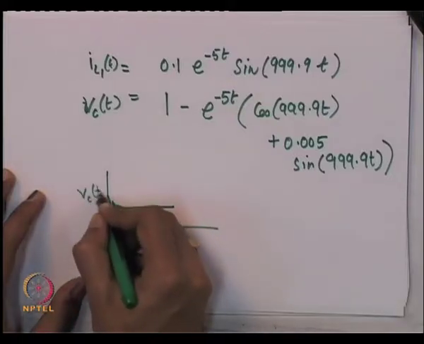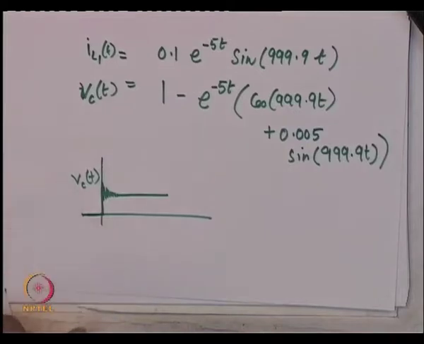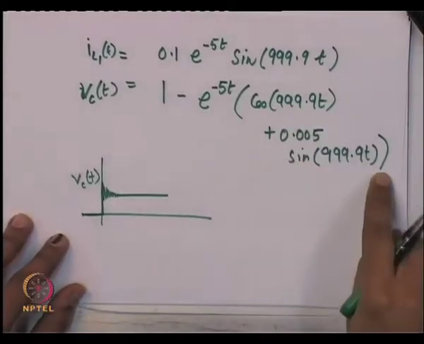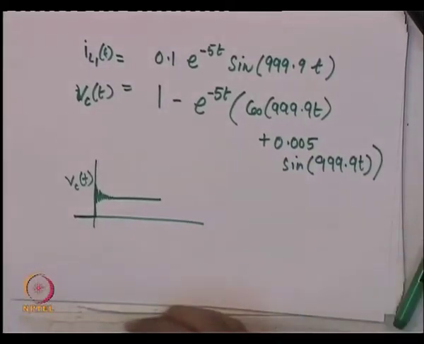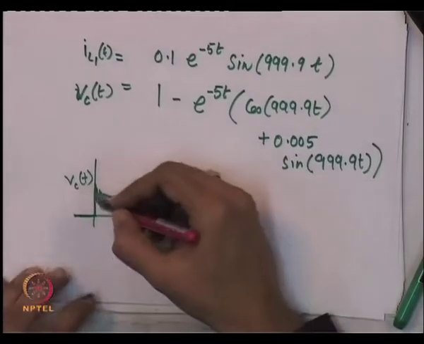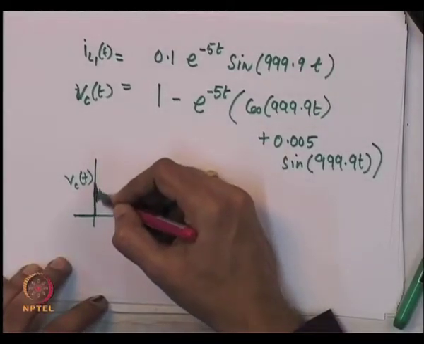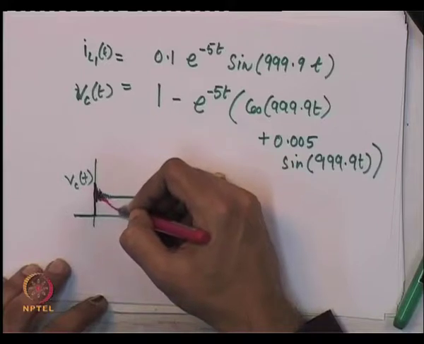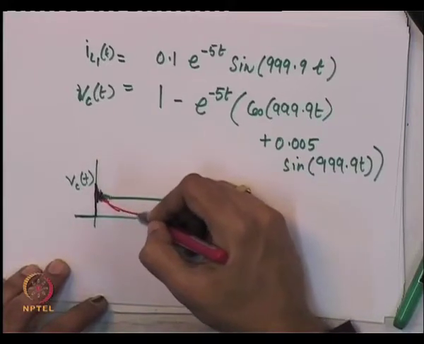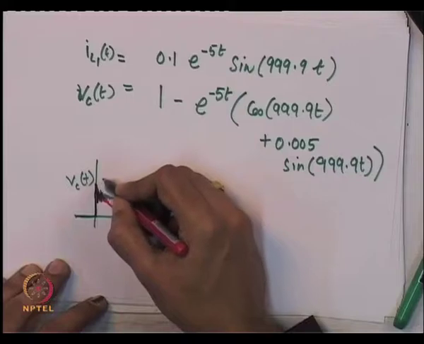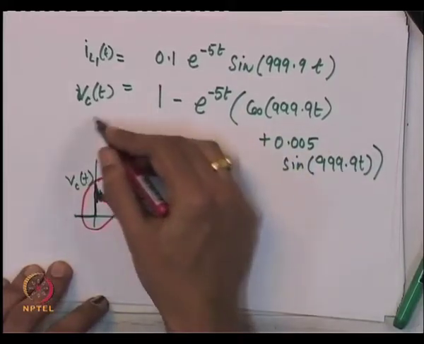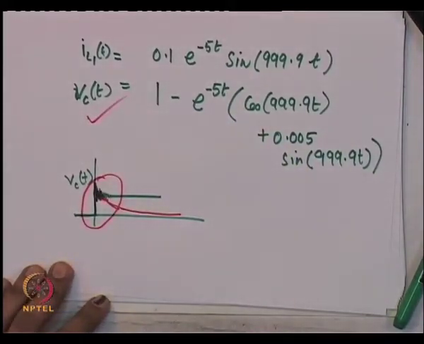If you actually find out what Vc is, if you evaluate this, it is this, whereas what we had got using the complete system was something like this. So, actually only in the initial portion this gives the correct result.